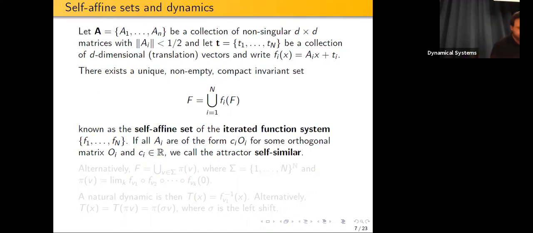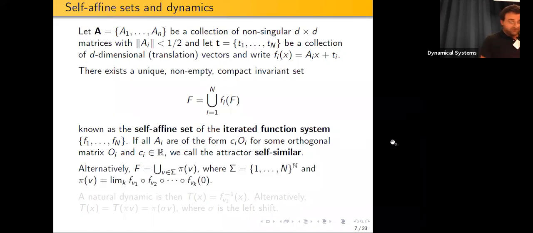I should have said that c is strictly between 0 and 1. Sorry about that. So this invariant set would be a self-similar set, very nice and regular. All the parts of the set really are a similar copy of the entire set. Whereas for a self-affine set, the small parts of the set are affine, so skewed, copies of the entire set.